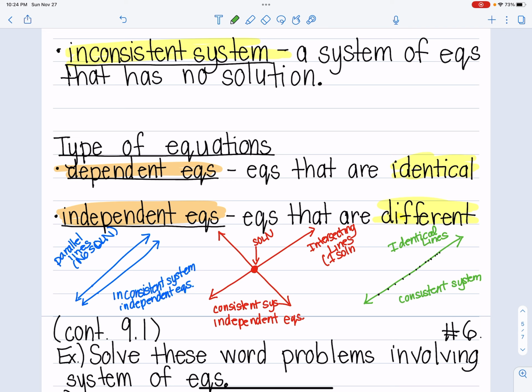But the equations are dependent, because guess what? You only see one line. You don't see two separate lines, which would say they're independent. So you have dependent equations. Okay? So just giving you that reference. I know I gave it to you in words, but here I'm giving you a diagram of what it could look like if you have a picture in front of you.